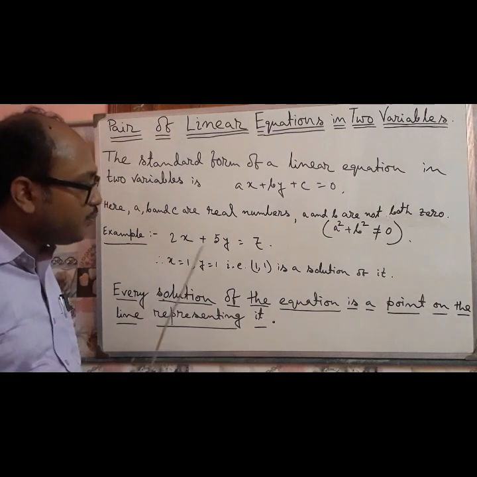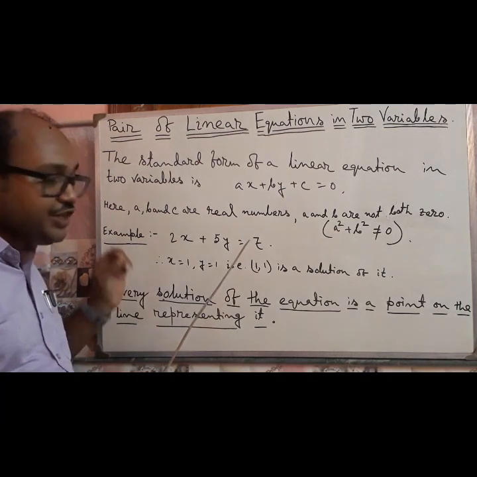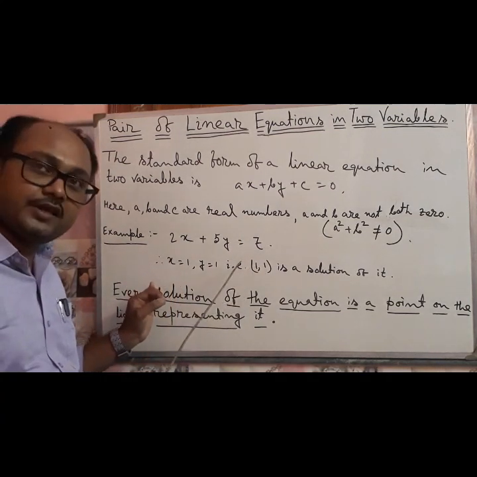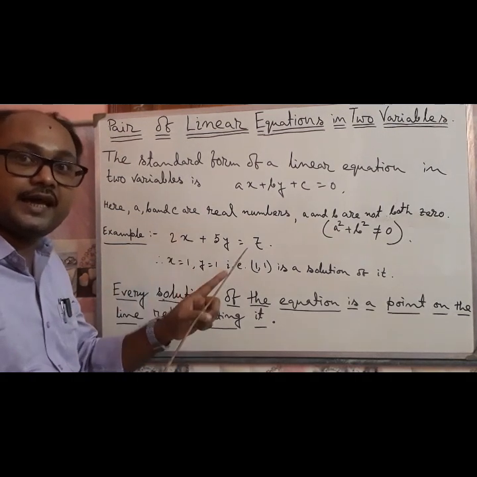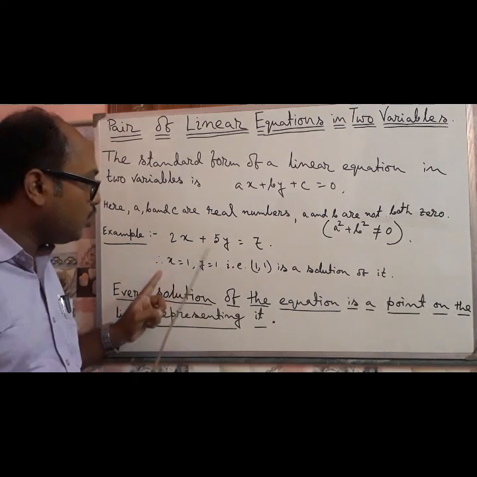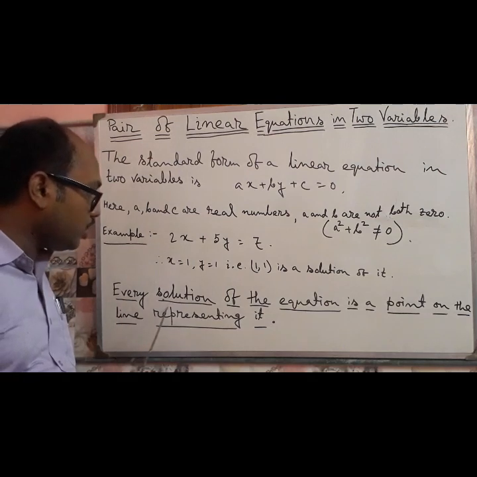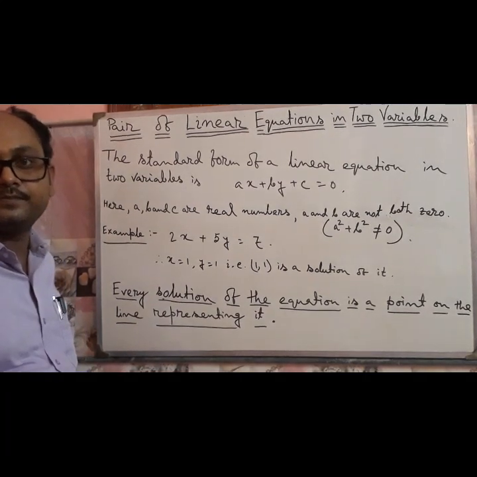There are infinite points on a straight line, and each and every point on that line is a solution of this equation. That's why it is written that every solution of the equation is a point on the line representing it.